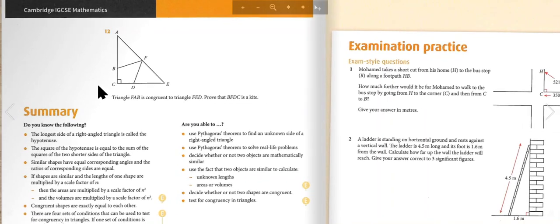Question 12. Triangle FAB is congruent to triangle FED. Prove that BFDC is a kite. So, since triangle FAB and FED are congruent, angle FAB equals angle FED. And that makes triangle CAE a right angle isosceles triangle.